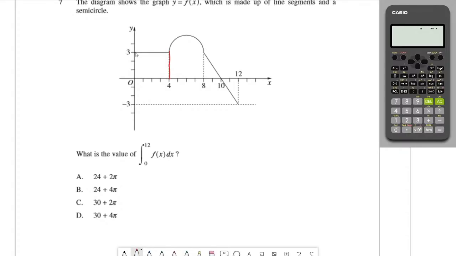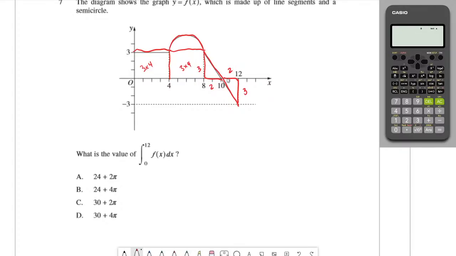So if we have a look, we've got a 3x4, a 3x4. We've got a semicircle up here, okay, and we've got some triangles. So a triangle here, and a triangle here. So it's 3x2, and this one is 2x3.